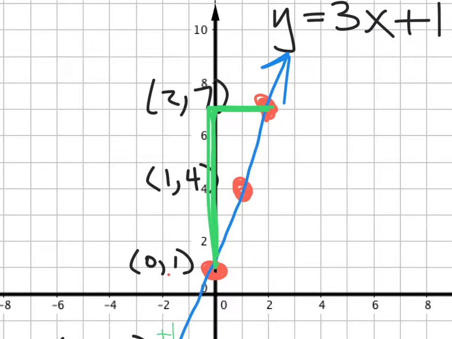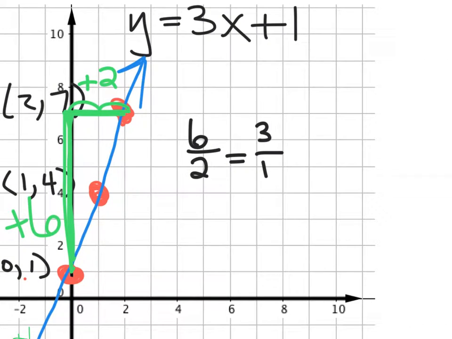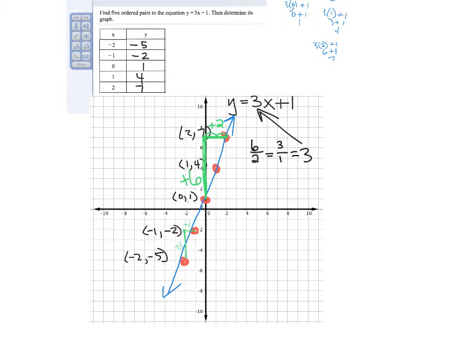So we went up 6 and we went over 2. And look at that, 6 over 2 is equal to 3 over 1, which is equal to 3. And look at that right there. So that's a little bit of foreshadowing into a subject that we're going to go into in future videos.